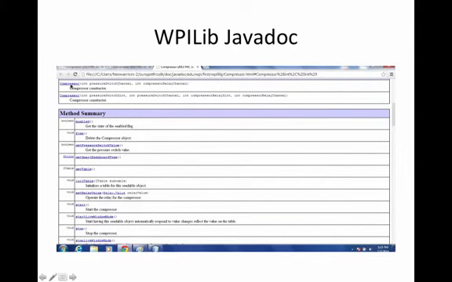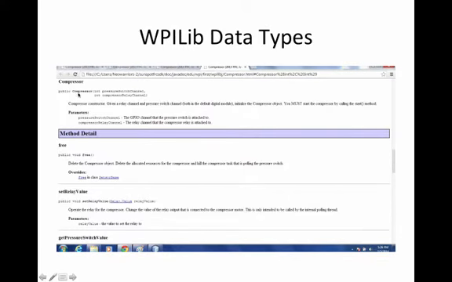If I click on compressor, it gives me some detailed information about the compressor and what information it needs and exactly what the compressor statement does. Okay, so this is a really convenient way to get more information about some of these important data structures or data types, compressors, joysticks, motor controllers, and some of the methods that are associated with each of those data types that we're going to be using in our program this year.